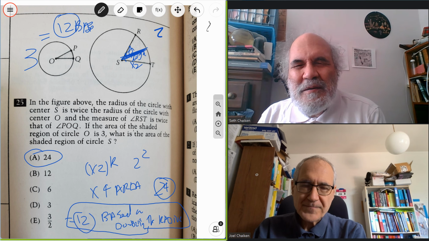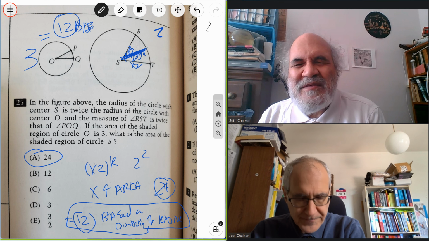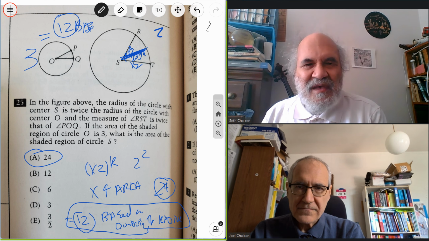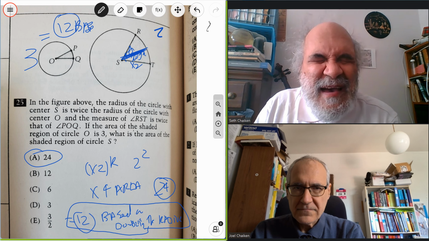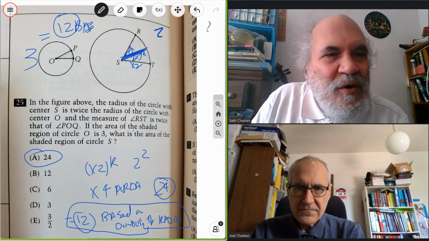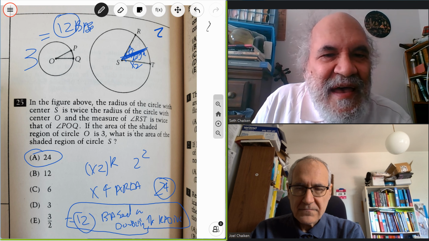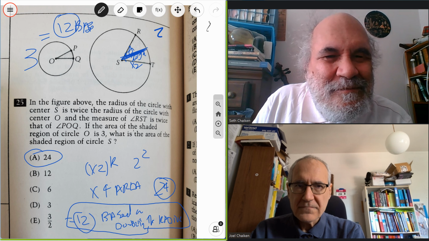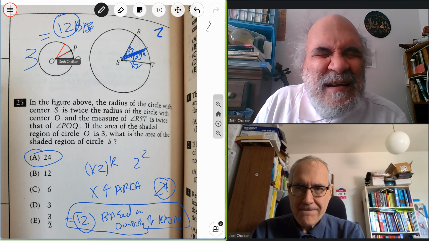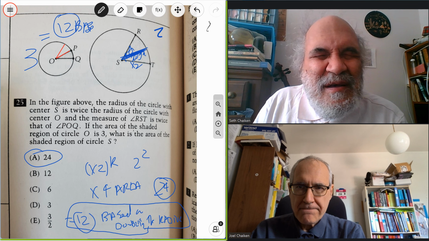Well, a rigorous mathematical argument is that when you double the angle, what you do is you add a copy of the angle, add a copy of the sector.